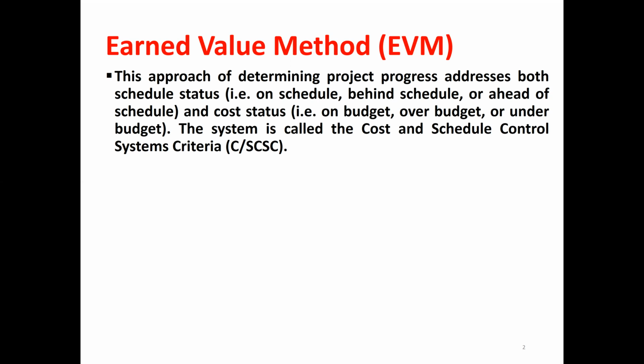Similarly, cost status: are we on budget, are we over budget, have we spent more money and are getting less, or are we under budget, making more profit because our cost is less? The system is called the cost and schedule control system criteria.